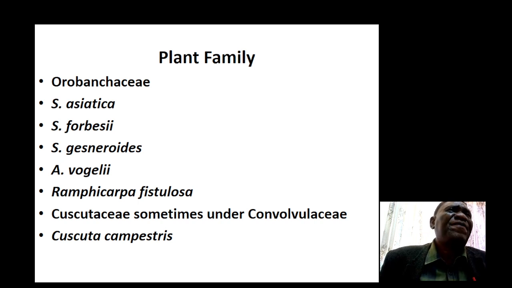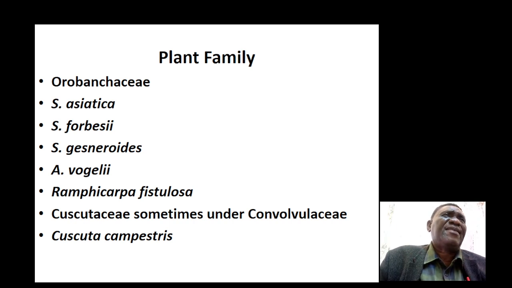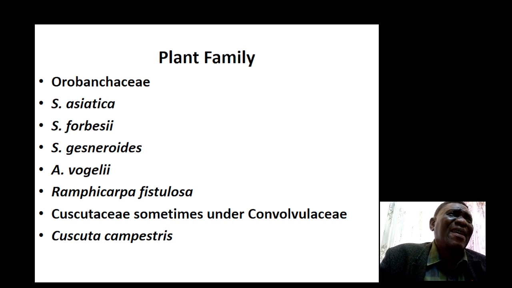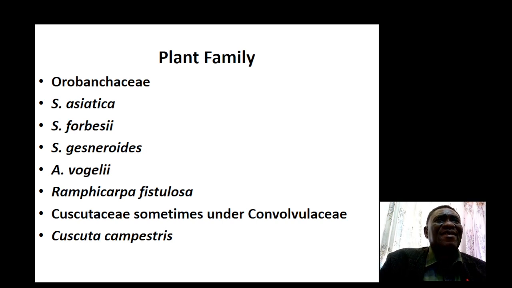Now the plant family of the parasitic weeds, they are classified under the Orobanchaceae family.